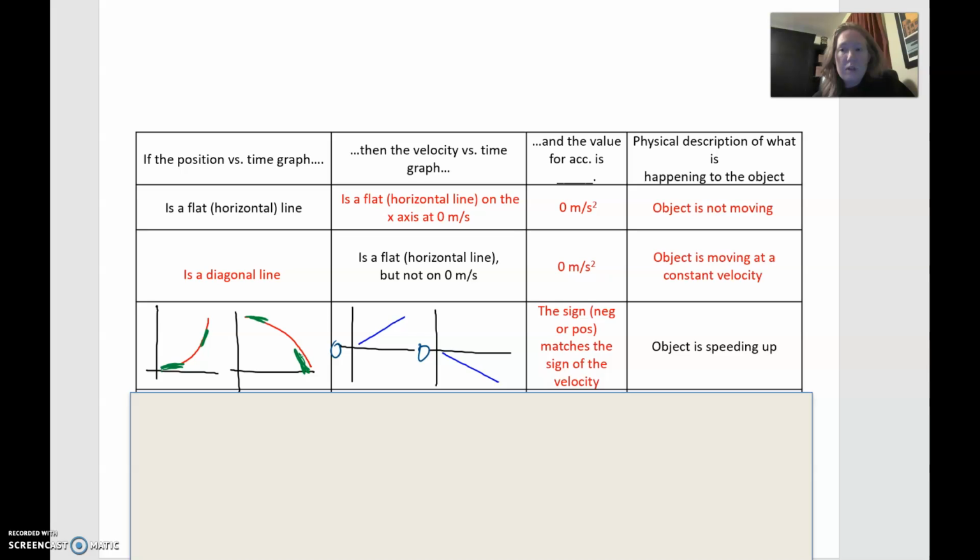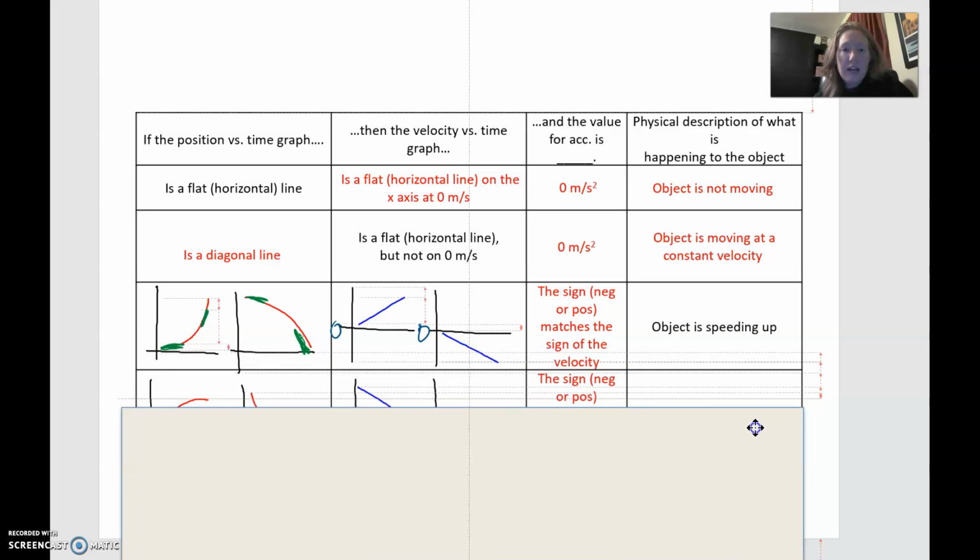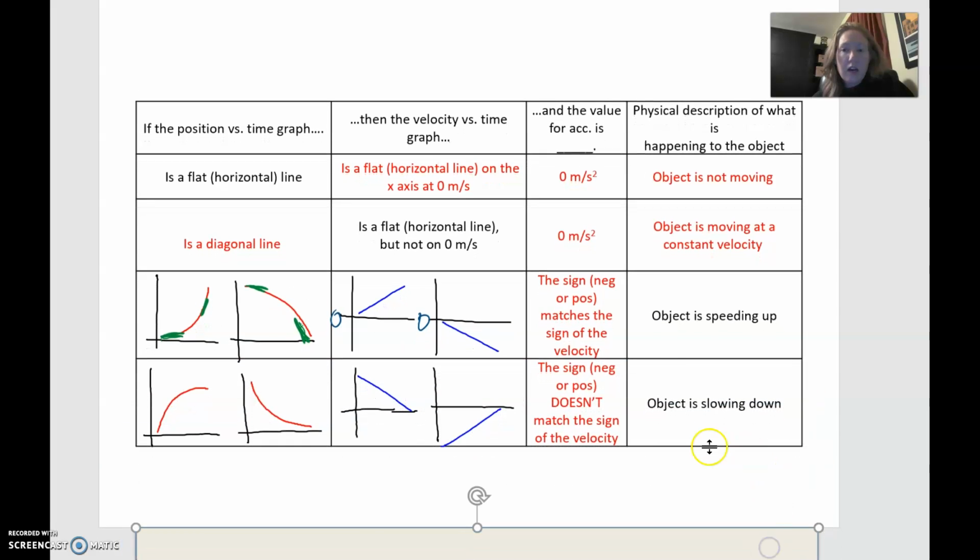Okay, and then last situation is when the object is slowing down. We can tell that, let's look at the velocity time graph. It's coming down to the x-axis as time goes by. It's approaching the x-axis in some way, so it's getting closer to 0. If we look at the position time graph, we should see it leveling off. So it's not as steep as it was at the beginning.